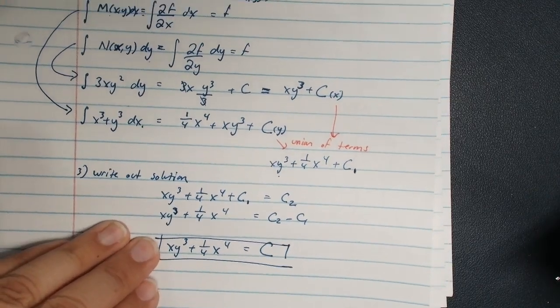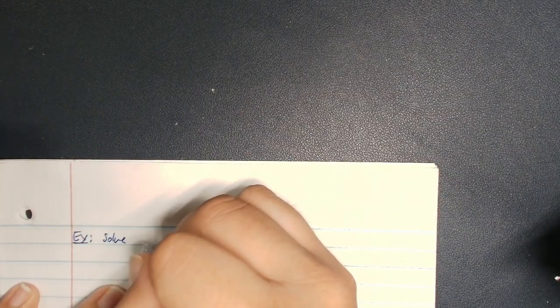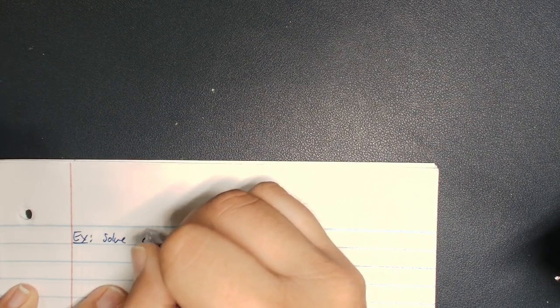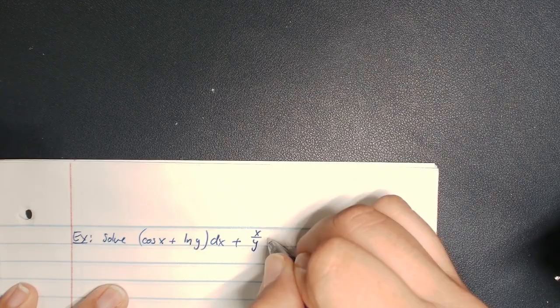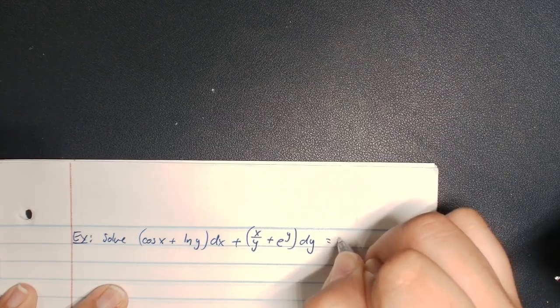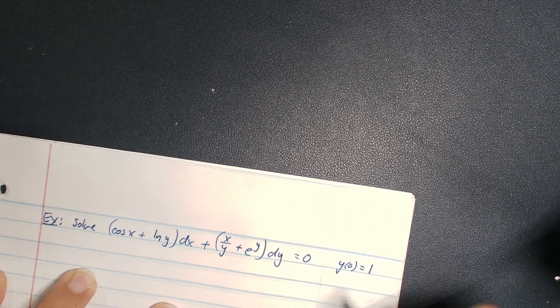Let's take a look at another example. This time with a little bit more information. Let's take a look at an initial value problem. So for our next example, let's go ahead and solve this: cosine of x plus the natural log of y dx plus x over y plus e to the y dy equals 0, with the initial condition that y at 0 needs to equal 1.